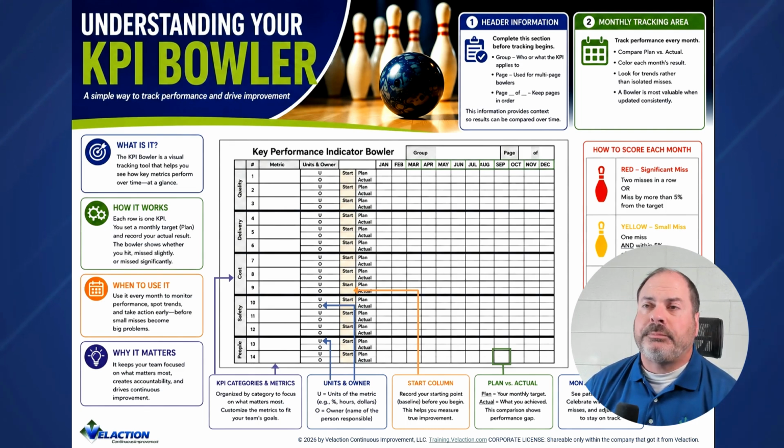Moving on though. So the gist of it is that the KPI Bowler is a way for you to track your progress against a plan. So over time, you'll start out the year with your numbers in here, making sure that you have all your metrics set up. So in this case, I have the general categories QCDS, and I put people down here.